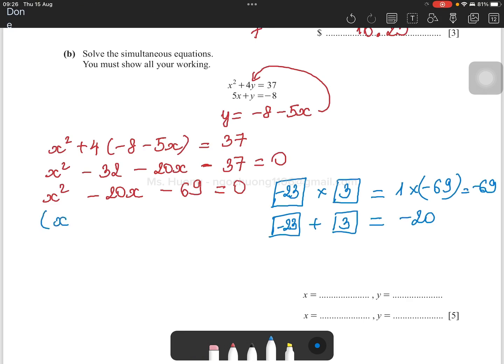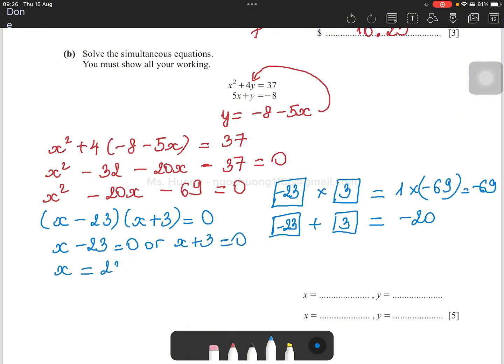So this is equal to x minus 23 times x plus 3 equals 0. And thus x minus 23 is equal to 0, or x plus 3 equals 0. For the first equation, x is 23, and the second value for x is negative 3.